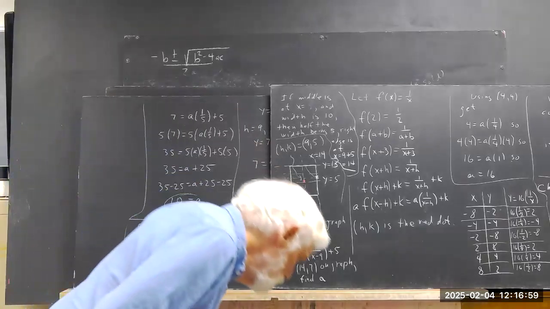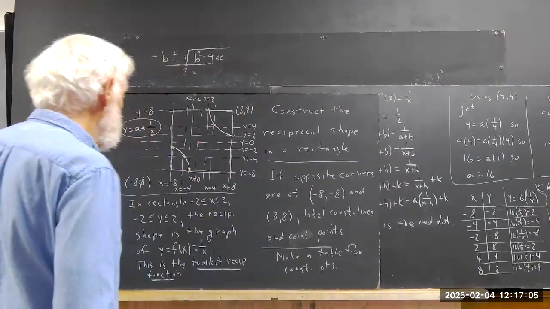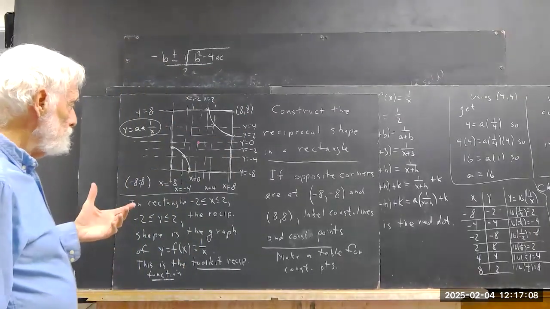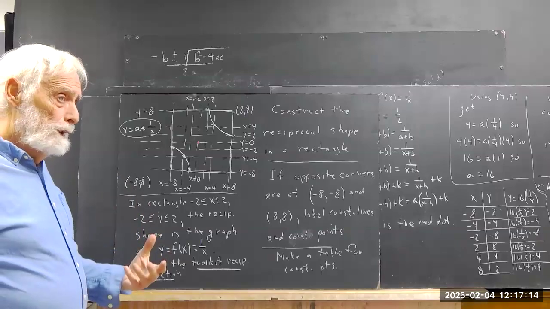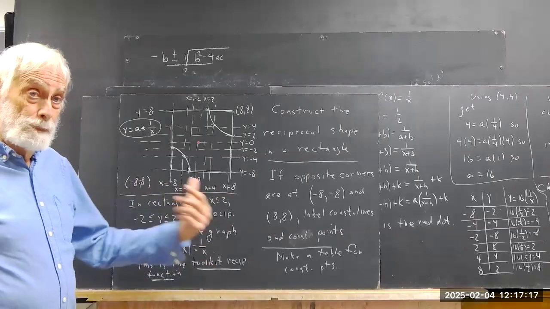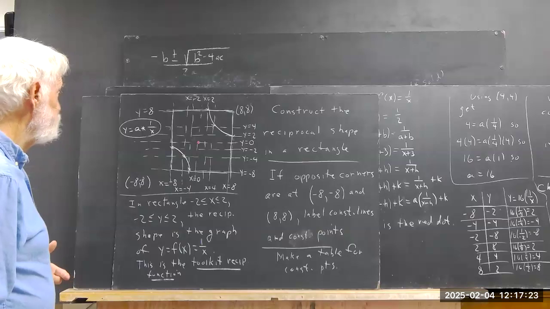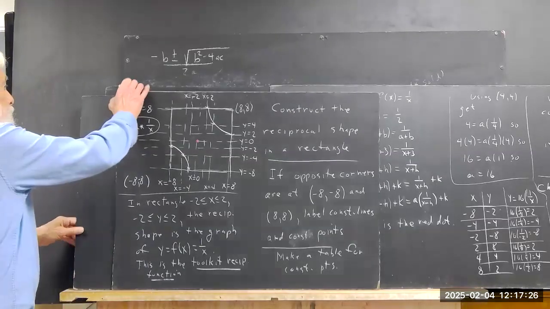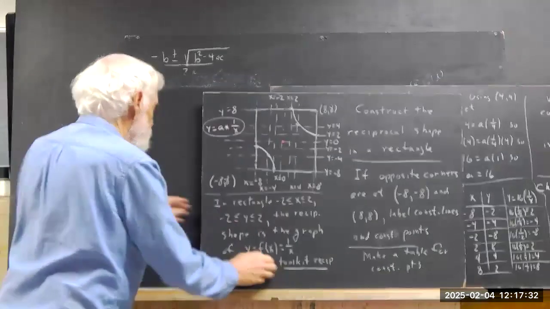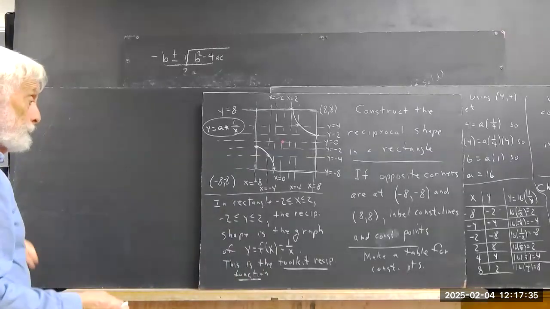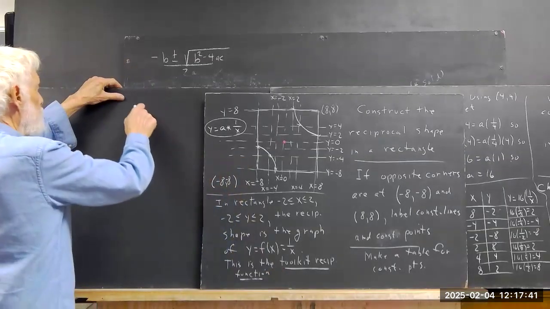Let's go back to the original function we looked at. As this thing is graphed, its domain is the set of all x values that occur on the graph, right? Got this function.